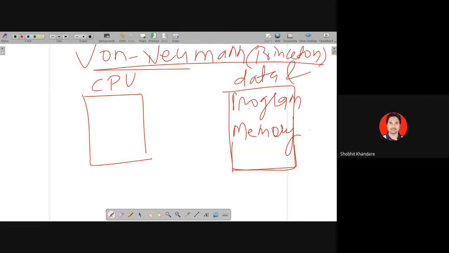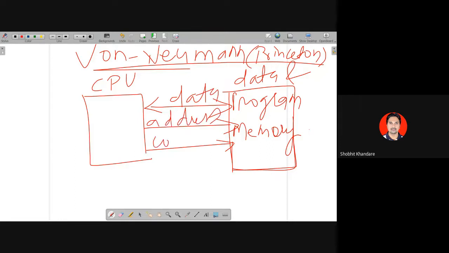In this architecture, your data memory and program memory are in the same block, and your CPU wants to access this data or program memory. The data bus is a single bus, your address bus is separate, and you have a control bus. This is your data bus, this is your address bus, and this is your control bus.